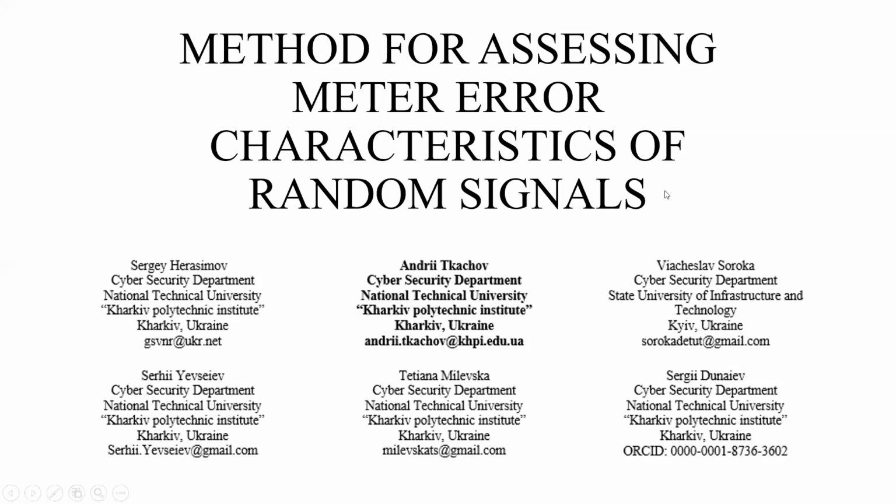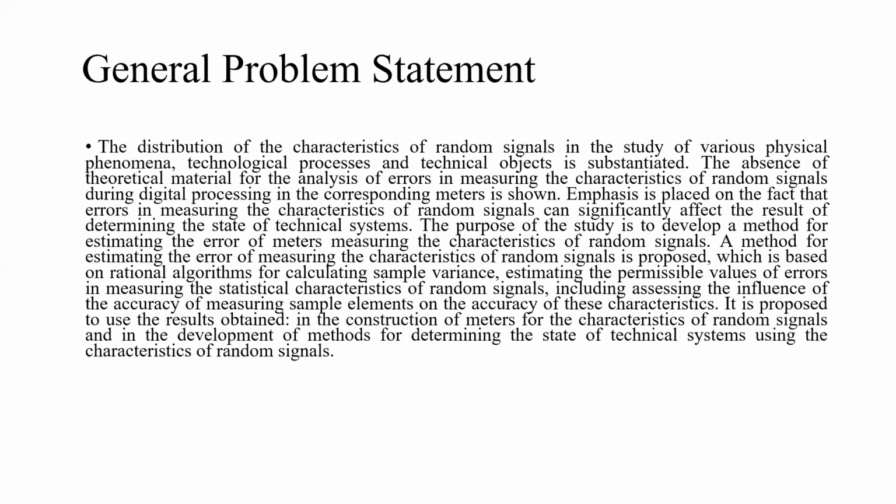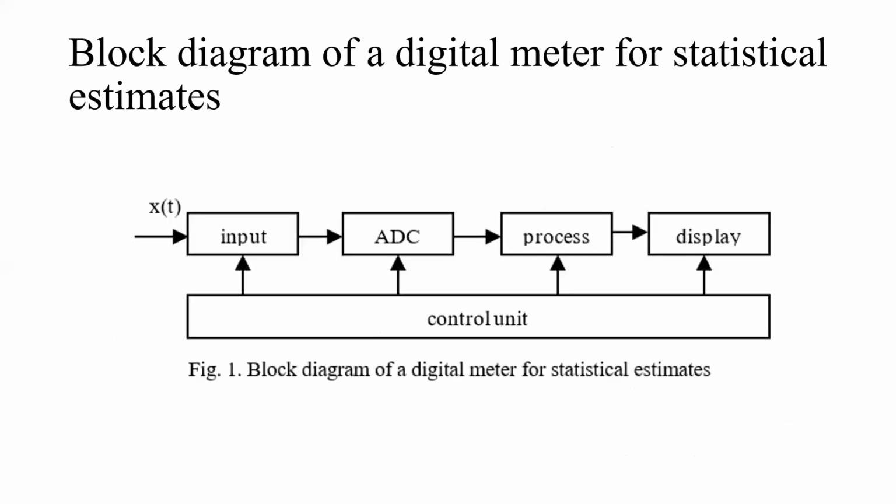I want to present the result of our research and our method for assessing measurement error characteristics of random signals. The distribution of the characteristics of random signals is used in the study of various physical phenomena, technological processes, and technical objects, if substantiated.